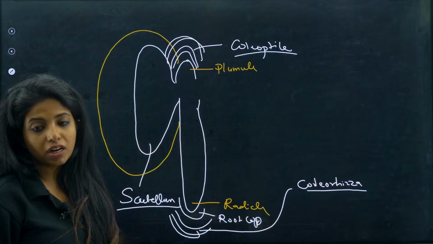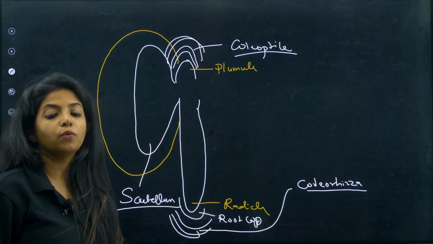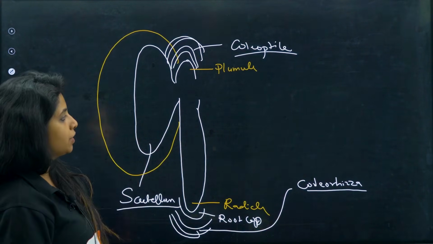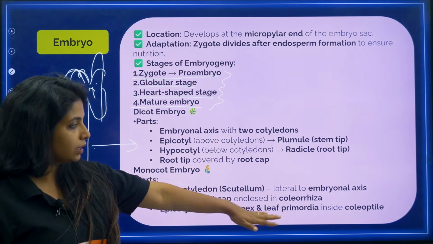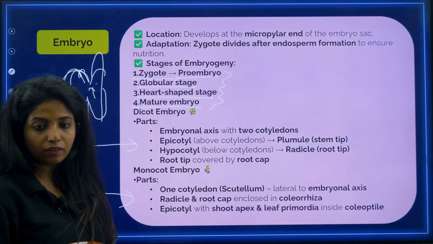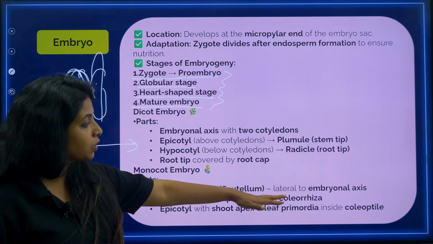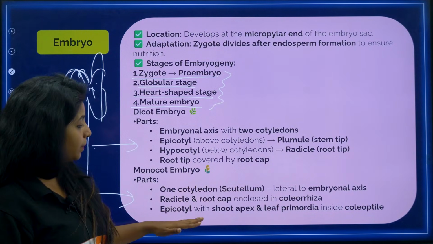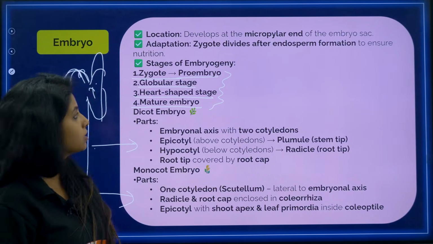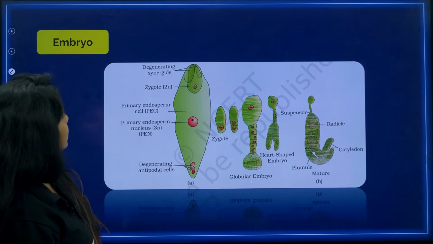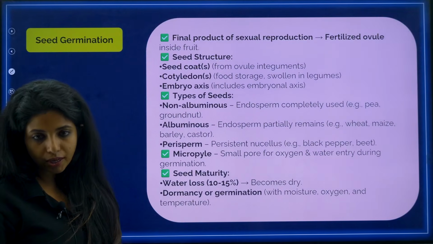So this is how the structure of monocot and dicot embryo differ. So, the scutellum and a little amount of endosperm still persisting. One cotyledon, that is the scutellum, lateral to the embryonal axis, on one side of the embryonal axis. Radicle and root cap enclosed in the coleorhiza, and epicotyl with shoot apex and leaf primordia inside the coleoptile. Cool. And this is all the structure of the embryo.